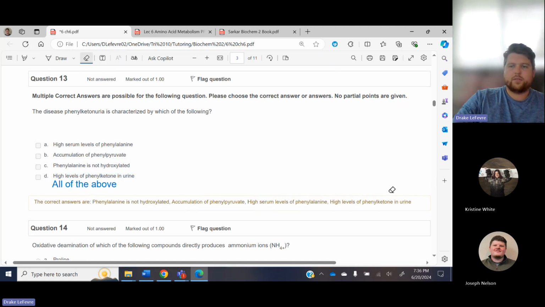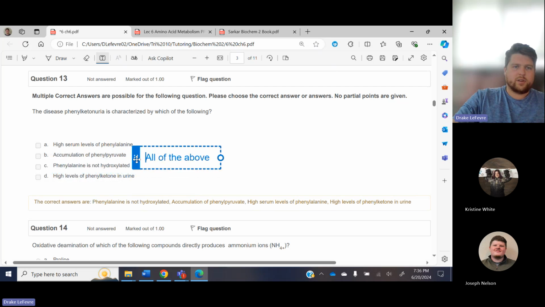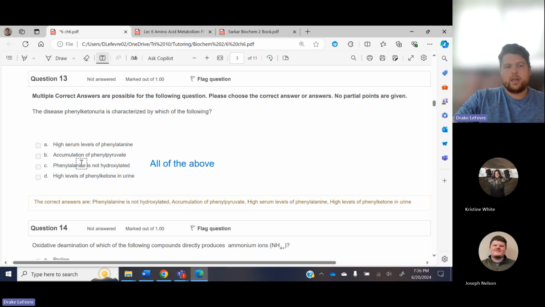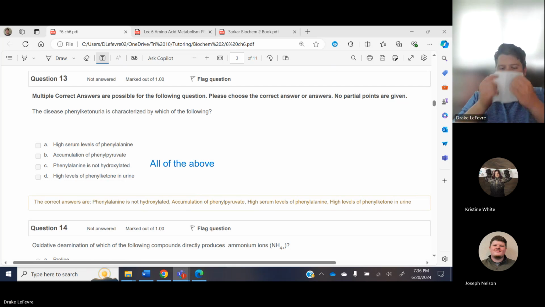You would see all of these: high serum levels of phenylalanine, accumulation of phenylpyruvate, phenylalanine not hydroxylated because the enzyme isn't there, and high levels in the urine because your body can't break it down, so it tries to filter out as much as it can.